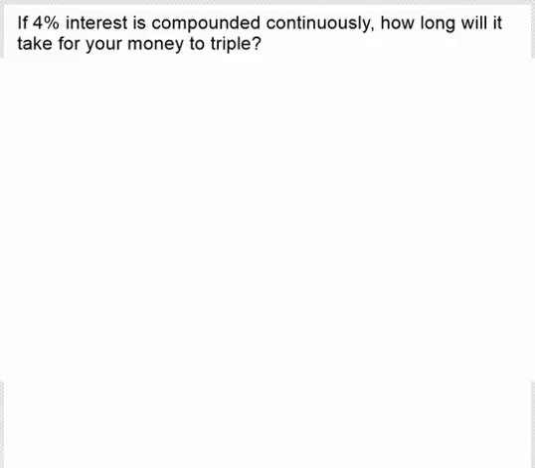In the next example, I have if 4% interest is compounded continuously, how long will it take for your money to triple? And that's all I give you, and it seems like, well, there's not enough information. Well, there actually is. Here we use the formula A equals P times e to the rt power because this is continuous compounding. And in this case, when we triple our money, A equals 3P.